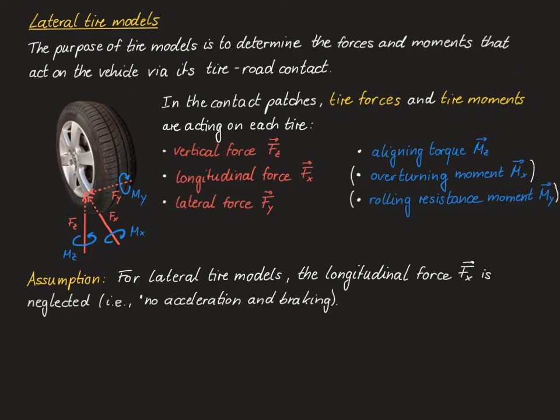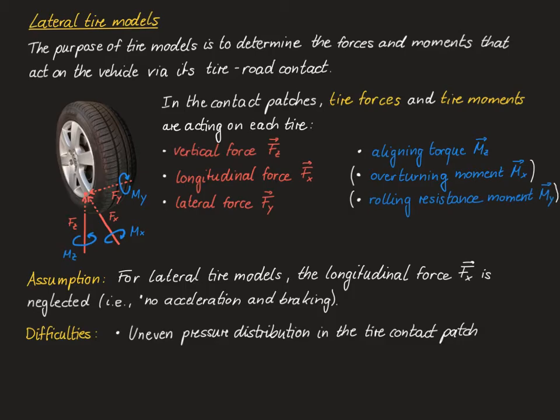Before we start to look at concrete tire models, let's point out some of the difficulties of that discipline. First, the tire forces and moments clearly do not act on a single point of the wheel as in the diagram up here. Rather, they are distributed as pressures throughout the contact patch between the tire and the road.